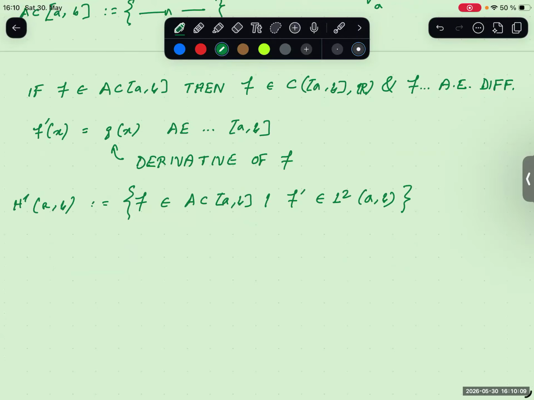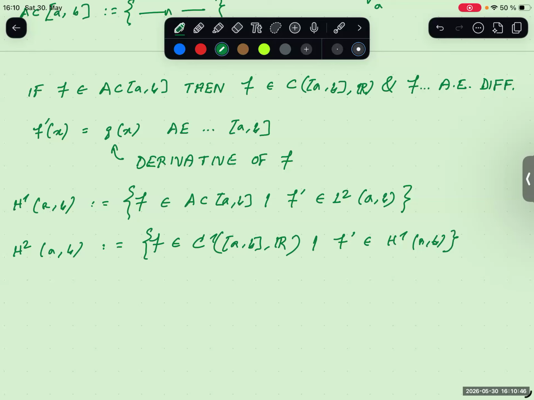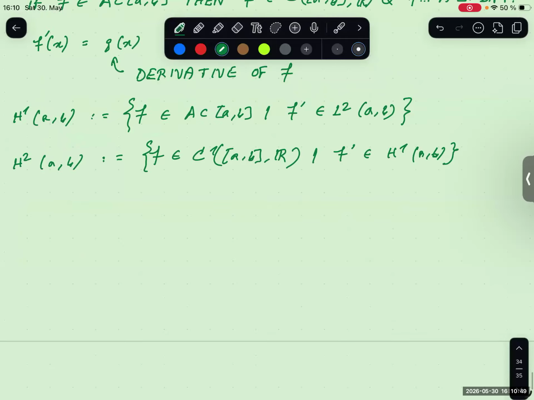And now we define another functional space called H2 on [a, b], which is the set of differentiable functions on the interval such that the derivative is now in H1. Okay, so we define these two spaces.